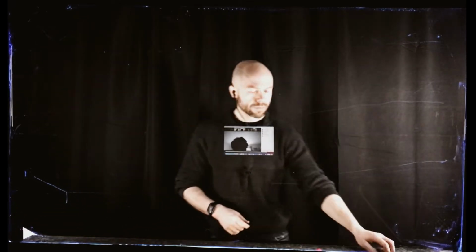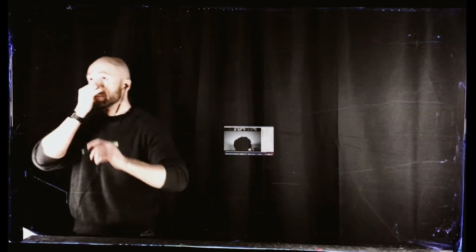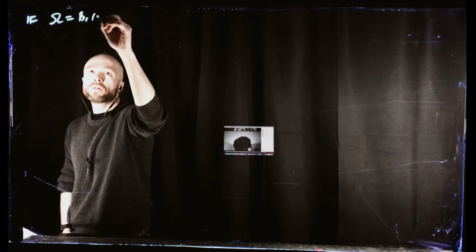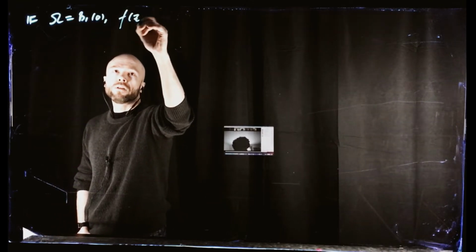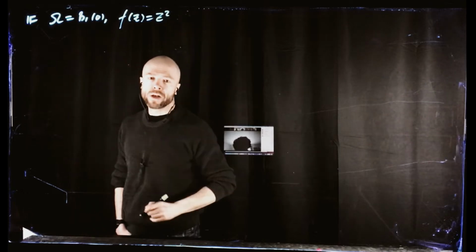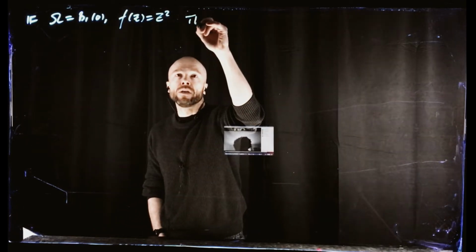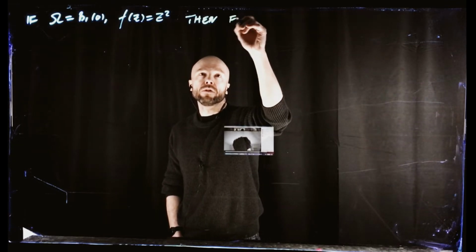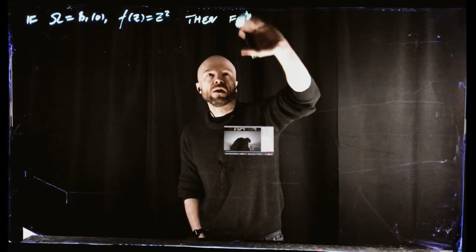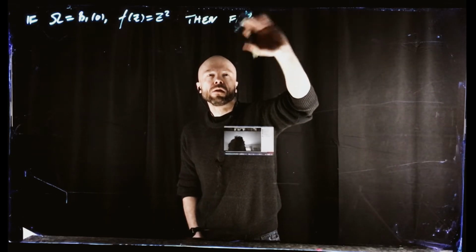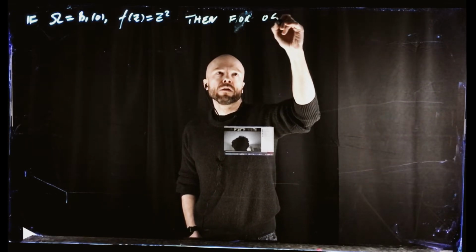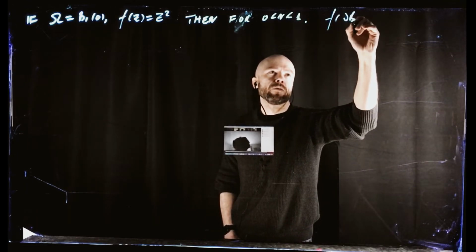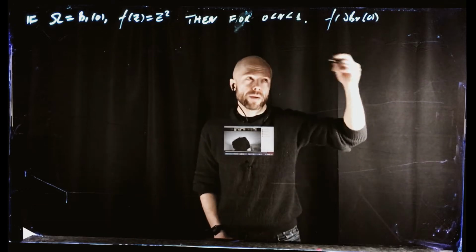So, if omega was just the ball of radius 1, f of z was z squared, then let's take any r between 0 and 1. f of the boundary of the ball of radius r of 0 wraps around twice, right?